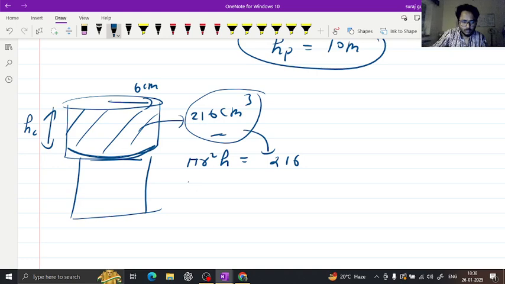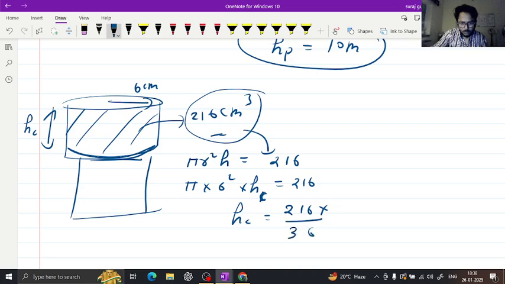Radius is 6. So pi, radius 6 square, into h of the container, that is hc, equals 216. What is 6 square? 36. So hc is 216 divided by 36, and divided by 22 upon 7, the value of pi.